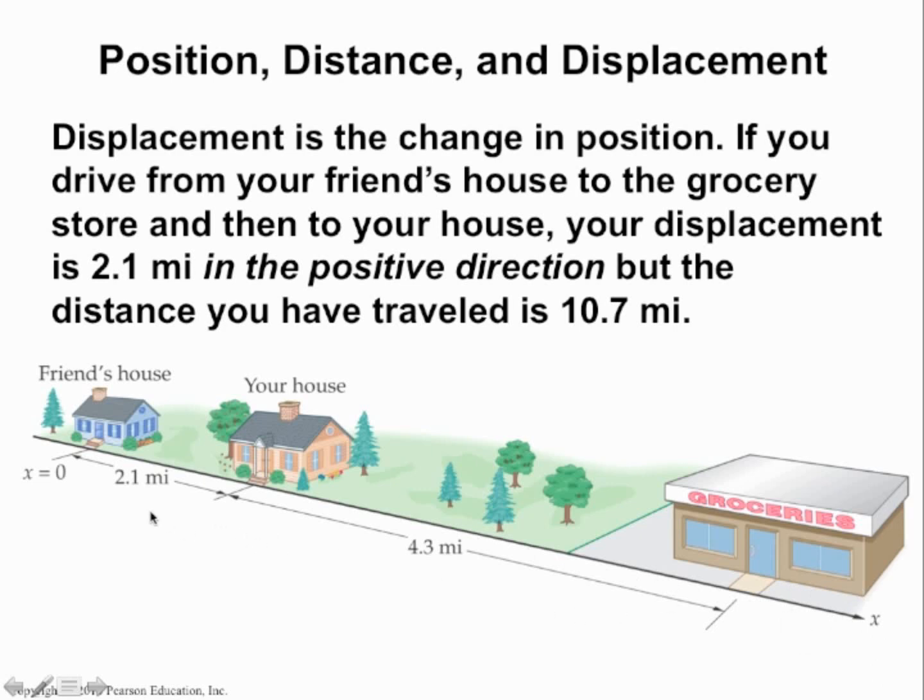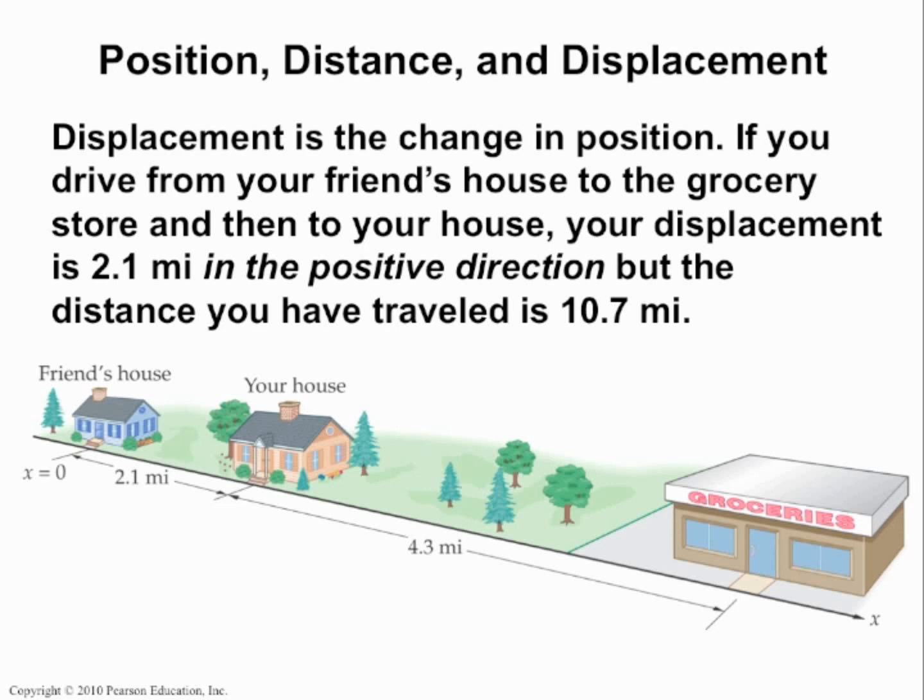Well, the displacement from the origin of your house in relation to the friend's house is 2.1 miles. 2.1 miles in the positive direction. So even though your distance was much more, 10.7 miles, your displacement was only 2.1 because you ended up only 2.1 miles away from your friend's house.